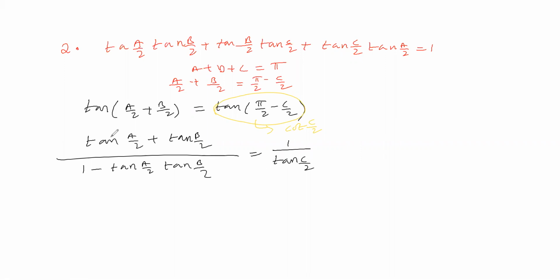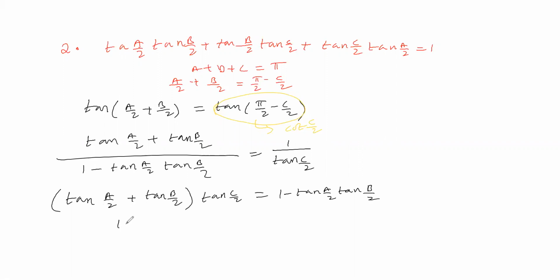Now this tan C by 2 bring to the left side and the other term take to the right side. Tan A by 2 plus tan B by 2, into tan C by 2, equals 1 minus tan A by 2 tan B by 2. Now tan C by 2 multiply inside: tan A by 2 into tan C by 2 plus tan B by 2 into tan C by 2 is equal to 1 minus tan A by 2 into tan B by 2.